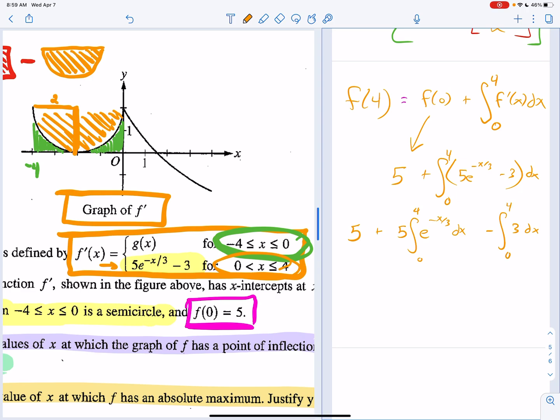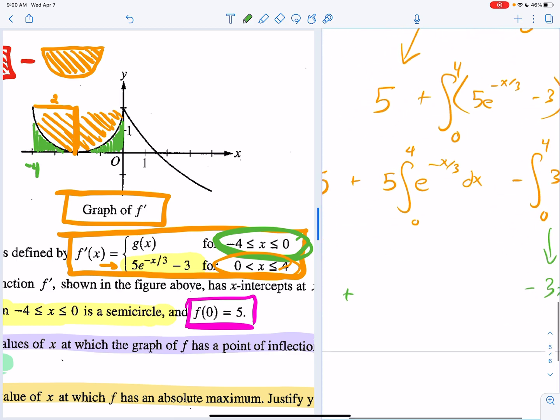That way it's a little bit easier to see. I know that this here is 5. This over here is just minus 3x from 0 to 4. Okay, so the integral of a constant is just something linear. So the part here is you got to take care of that. Okay, it's a little bit of u substitution there. Take care of it, and then let me know what you get.